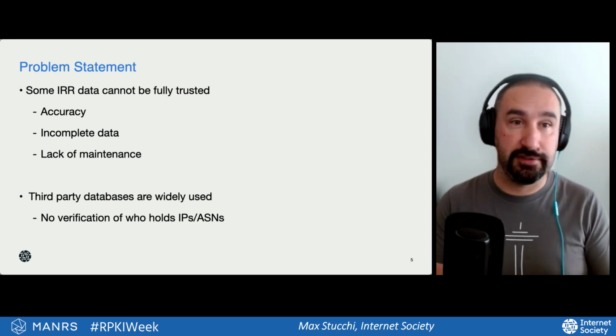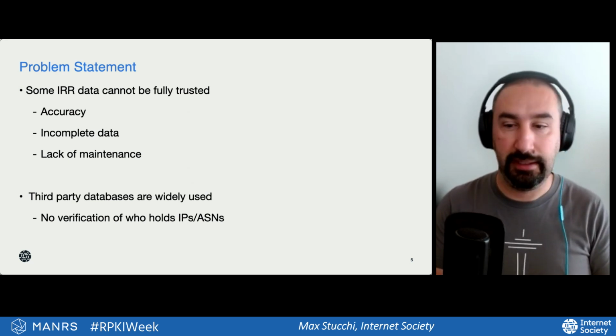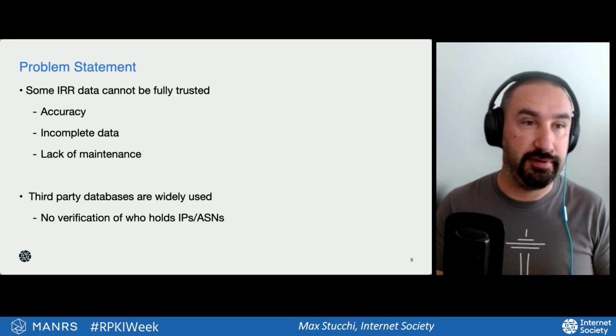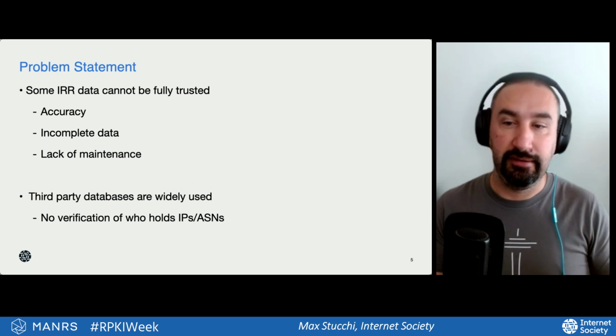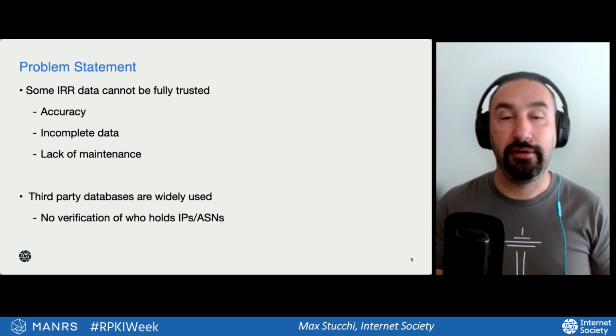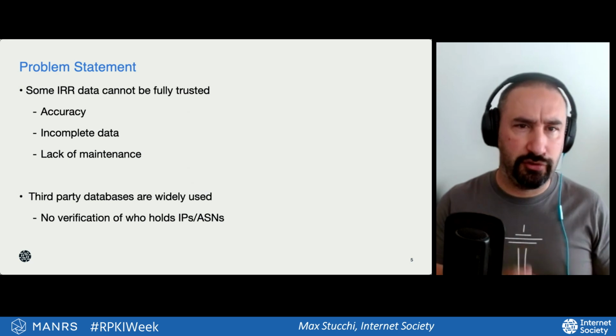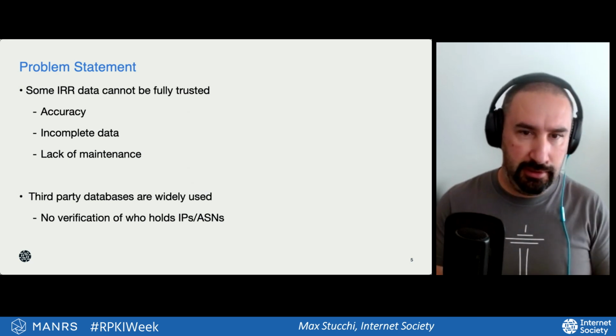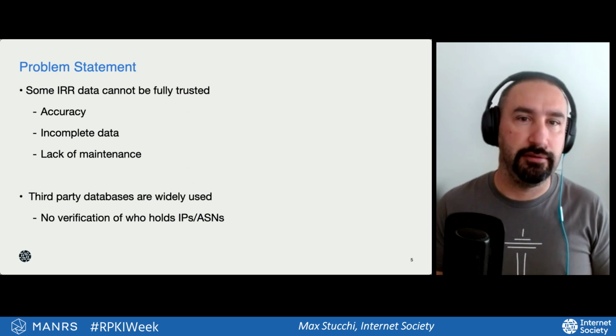And so objects before the creation of Afrinic, for networks in some parts of Africa, needed to be created in the RIPE database. Or even after that, they could be created in the RIPE database with a sort of trick. So you had a special maintainer, you could create those objects anyway.